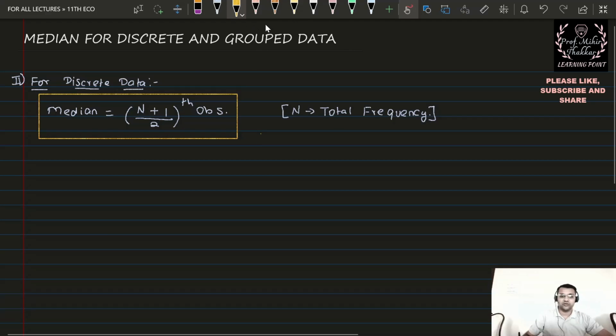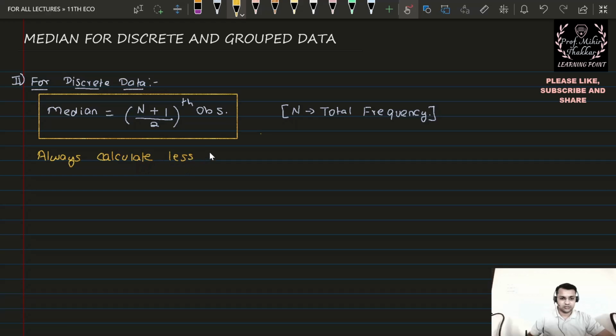The only thing that we need to remember over here is to always calculate less than cumulative frequency whenever frequency data is given.